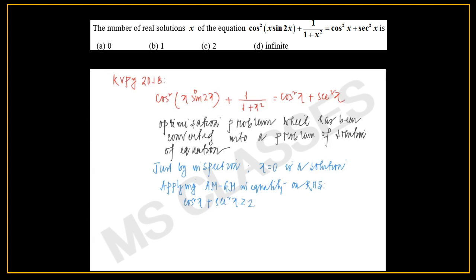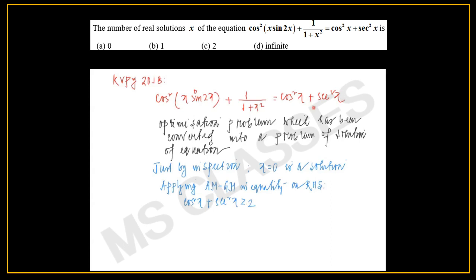Equality will hold true when both of them take the value 1, otherwise never possible. So the RHS part is greater than or equal to 2.